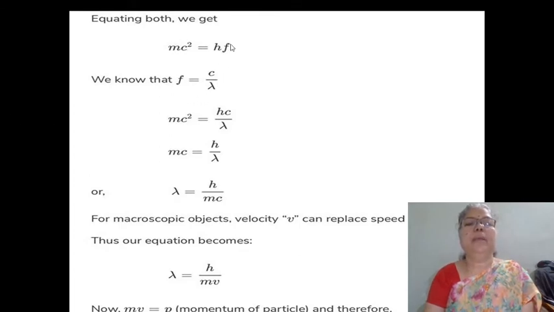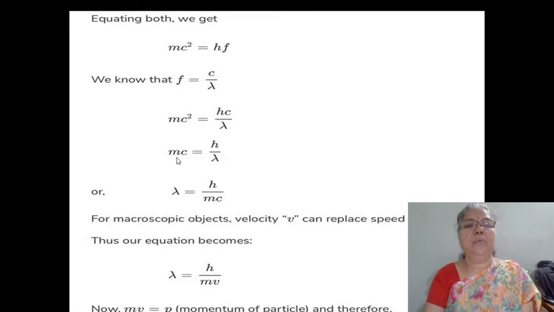Therefore, we equate these two famous equations, Planck's quantum theory, energy associated with one quantum E equals h nu, and Einstein's theory of relativity, energy associated with mass m given by m c square, and we get m c square equals h c by lambda.